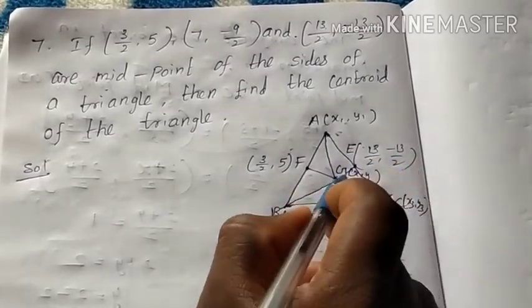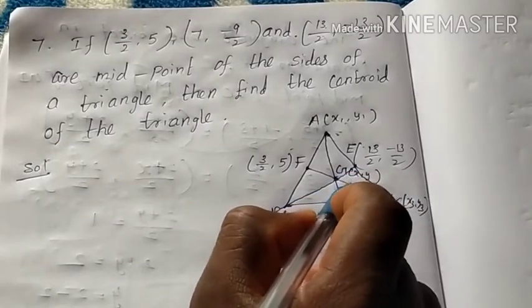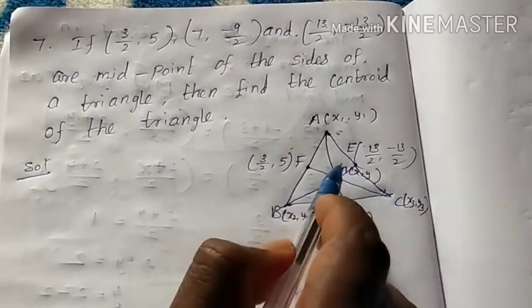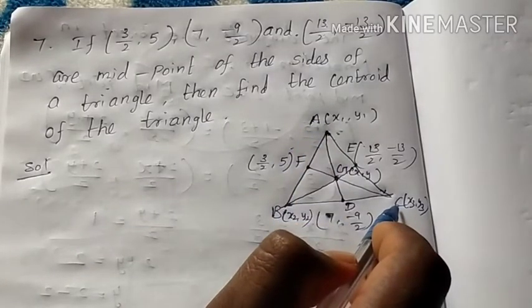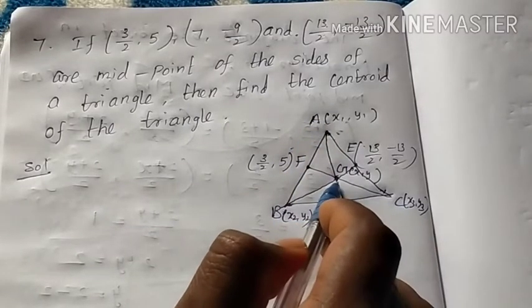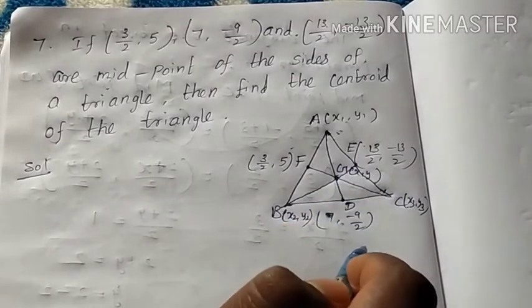Our question is to find the centroid of the triangle. First find the coordinates of A, B, C, then use the centroid formula to find the centroid.